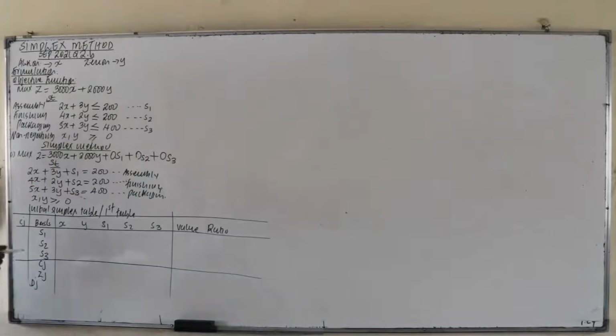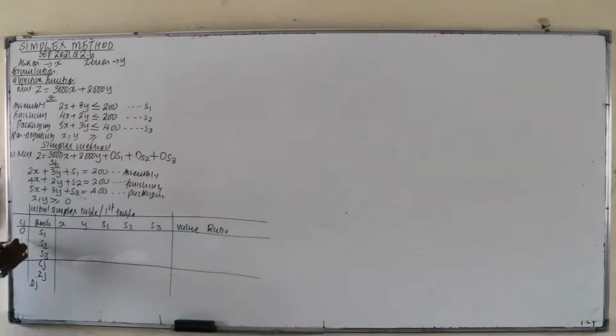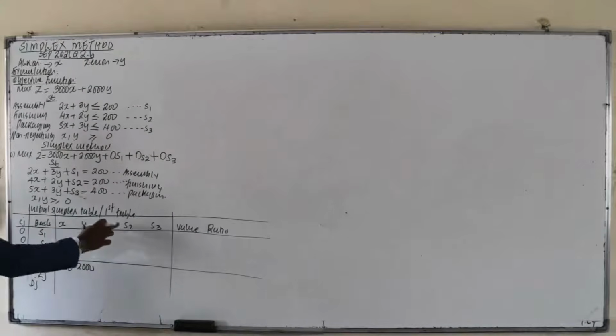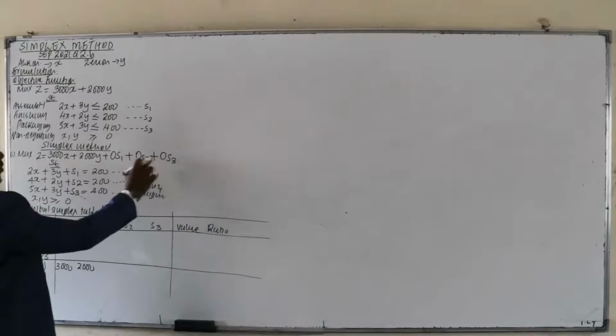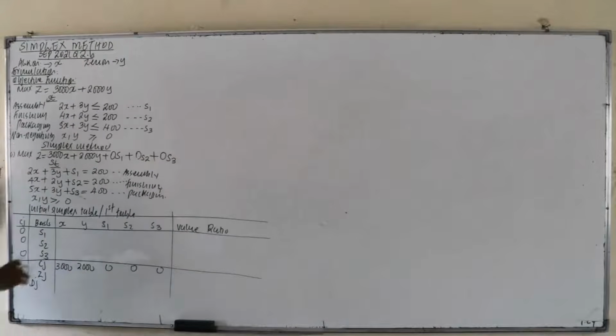Now for basis S1, S2, S3, the CJ are 0, 0, 0. We also have here the CJ: for X, it's 3,000, for Y it's 2,000, and S1, S2, S3 are 0, 0, 0. Then we fill in this.